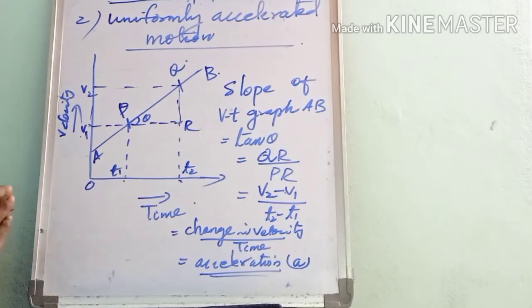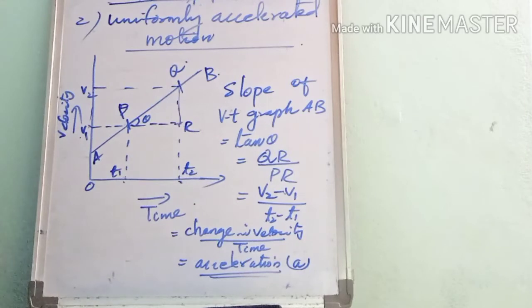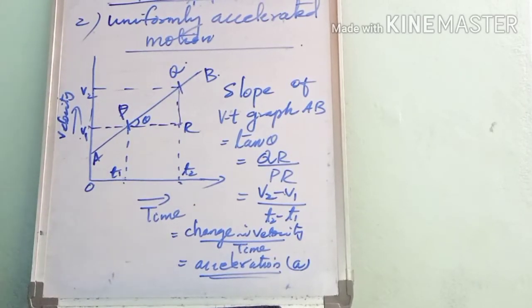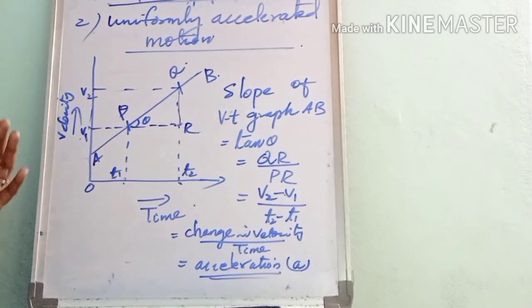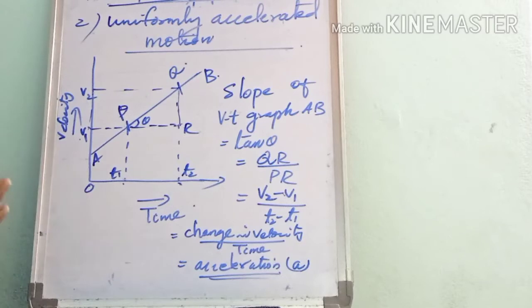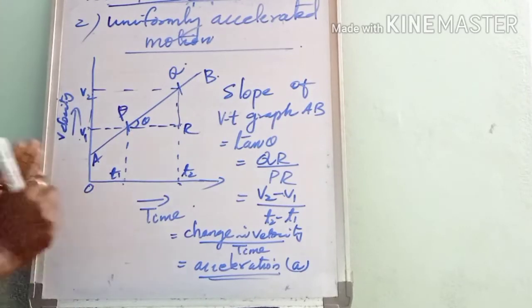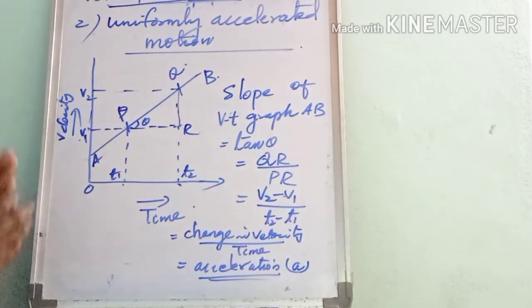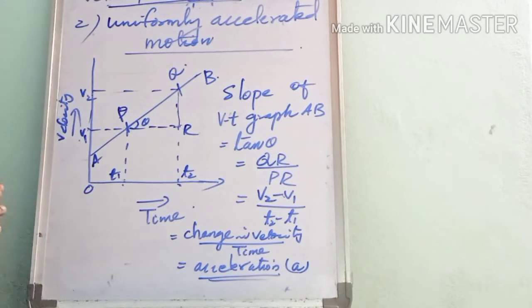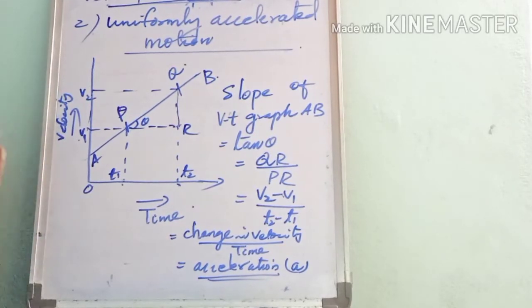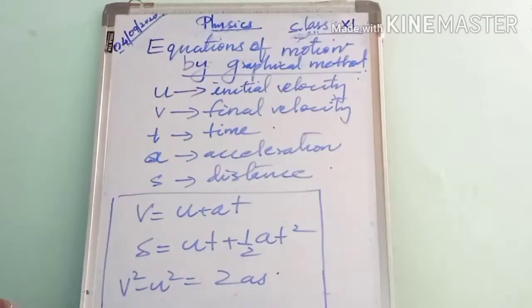The slope of velocity time graph gives acceleration. The area under the velocity time graph is equal to the displacement, and the slope of velocity time graph is equal to the acceleration. Okay, that is about the velocity time graph.